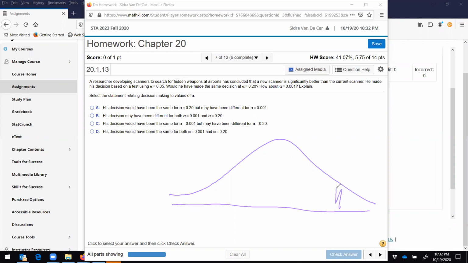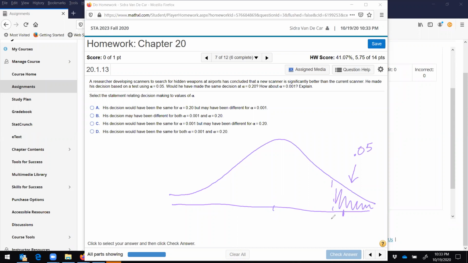So this is going to be a right-tailed test, because selecting more than would be a bigger value, right? So this is one-tailed. And he used an alpha of 0.05, so this is the 0.05. So he concluded his is better. So his sample mean is over here somewhere, whereas the standard mean is over here.